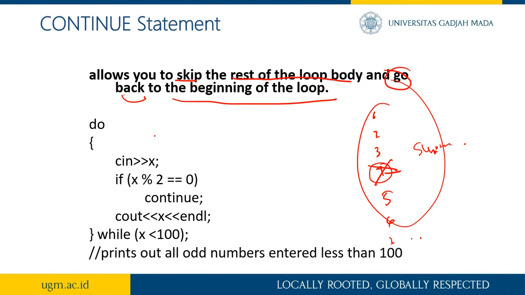So okay, let's take a look at the example. cin is maybe input. I will do the input 5, maybe 5. The first one I try to input 5. x modulus 2 is 0? No, 5 modulus 2 is not 0.